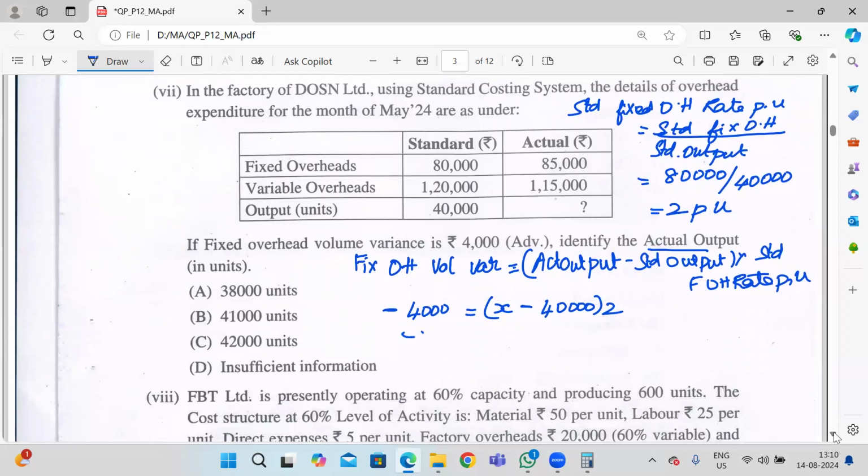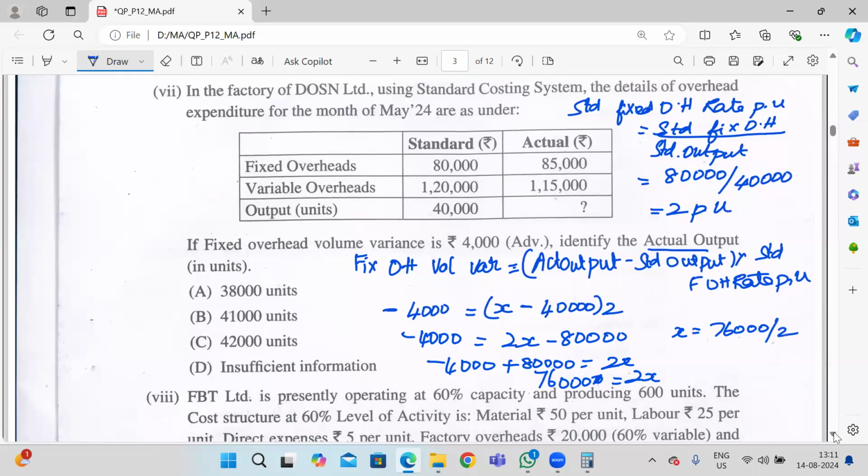So minus 4,000 is equal to 2x minus 80,000. So minus 4,000 plus 80,000, here it should be 76,000, is equal to 2x. So x is equal to 76,000 divided by 2, that means 38,000 units. X will be 38,000. So option A should be the right answer.